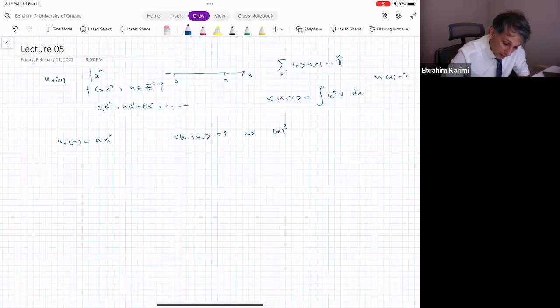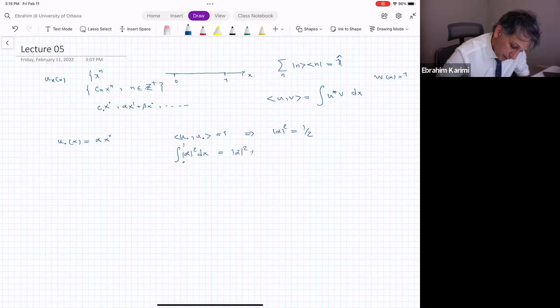Was it 1 or 1 divided by 2? Let's do the mathematics. The integral of alpha squared dx from 0 to 1 is equal to alpha squared times x from 0 to 1, and then we get alpha squared equal to 1, then alpha is equal to 1, positive 1.